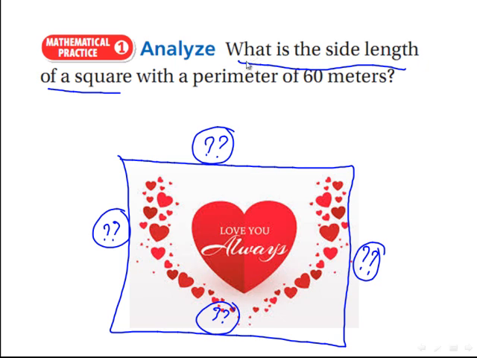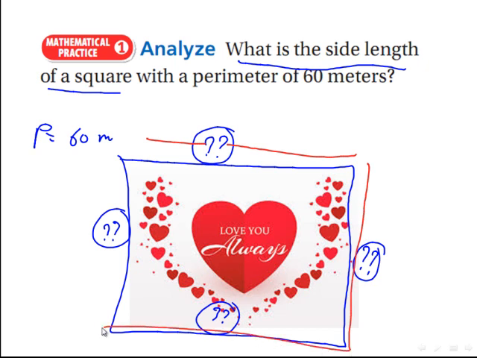Now, he asks you what is the side length of a square with a perimeter of 60 meters. Perimeter equals 60 meters. When you add this side plus this side plus this side plus this side, you will find the perimeter is 60 meters. So can you find the side length of a square? Write it as a comment after watching.